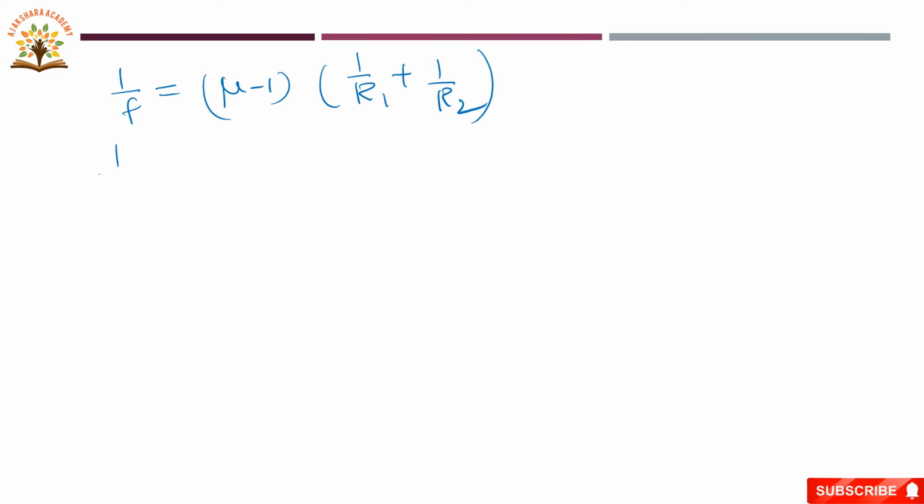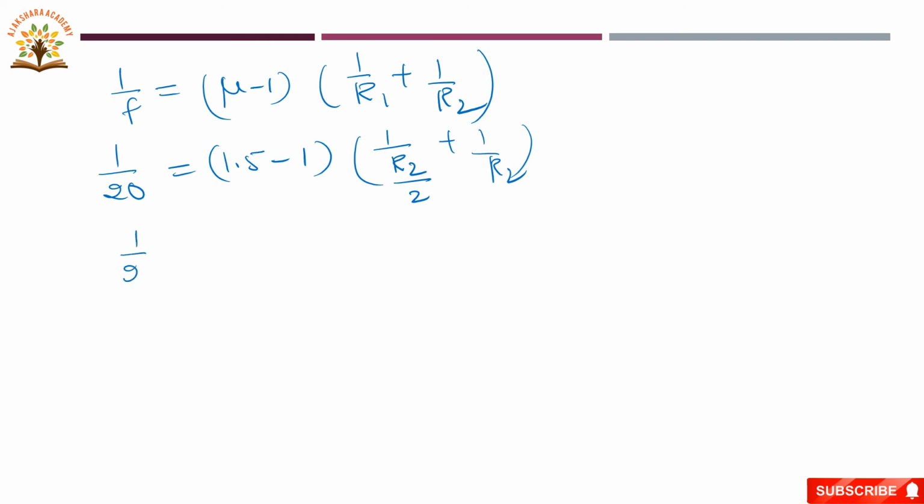Now substituting, 1 by 20 is equal to (1.5 minus 1) of (1 by r2 by 2 plus 1 by r2). So 1 by 20 is equal to 0.5 into (2 by r2 plus 1 by r2).